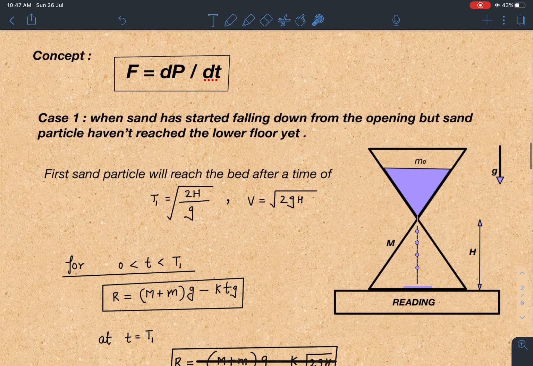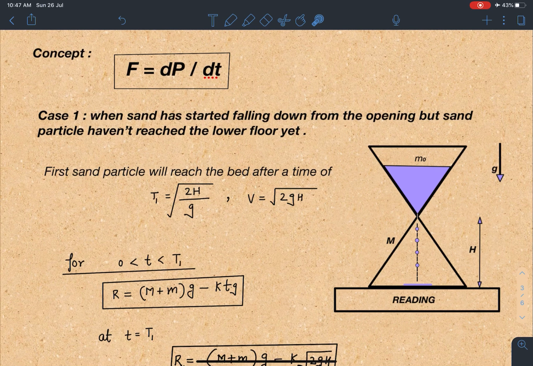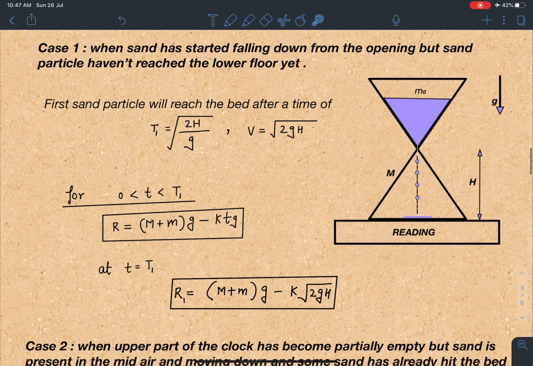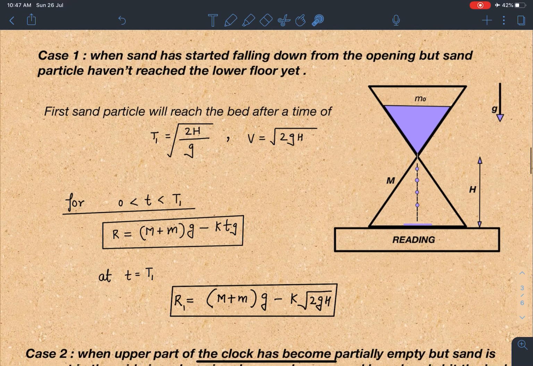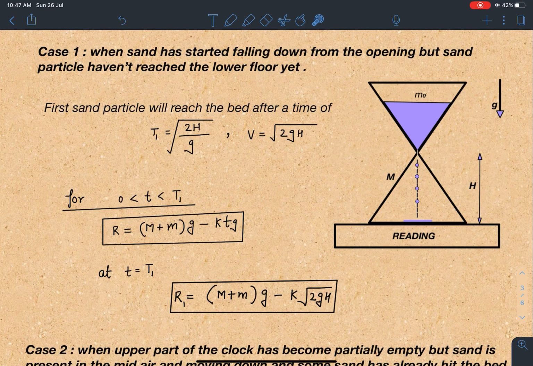Concept-wise, we will be using the famous equation, force is equal to dp by dt. That means due to change in momentum, we have to consider how much extra force will come in certain parts of this problem. So here is case 1. I have divided case 1 as when sand has started falling down from the opening, but sand particles haven't reached the lower floor yet.